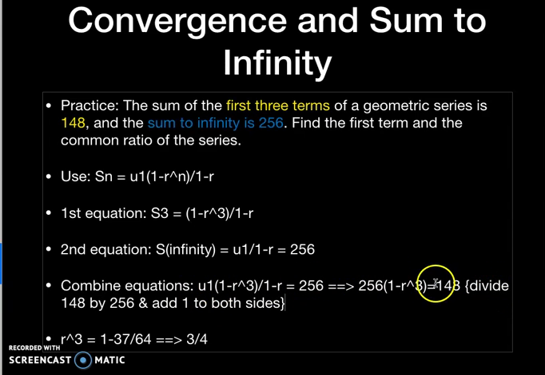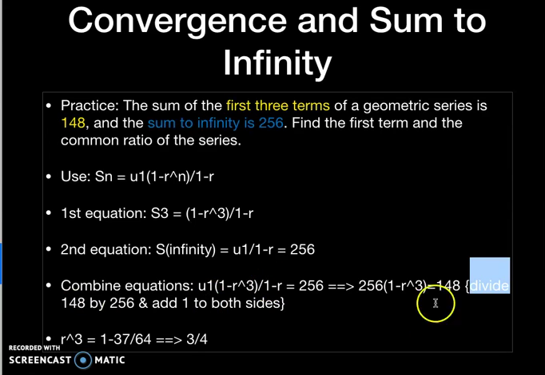And now to simplify this even further, because we got this from simplifying this, just simple mathematics right there. So now we divide 148 by 256.